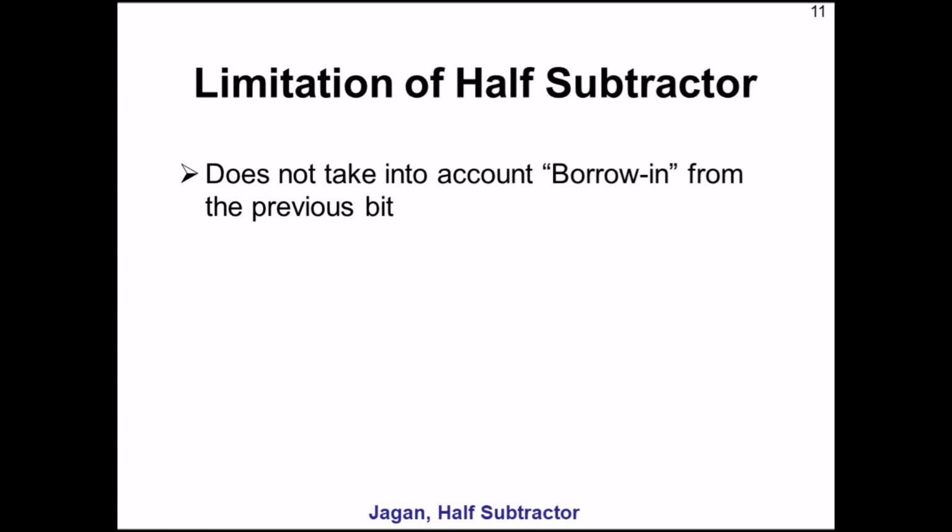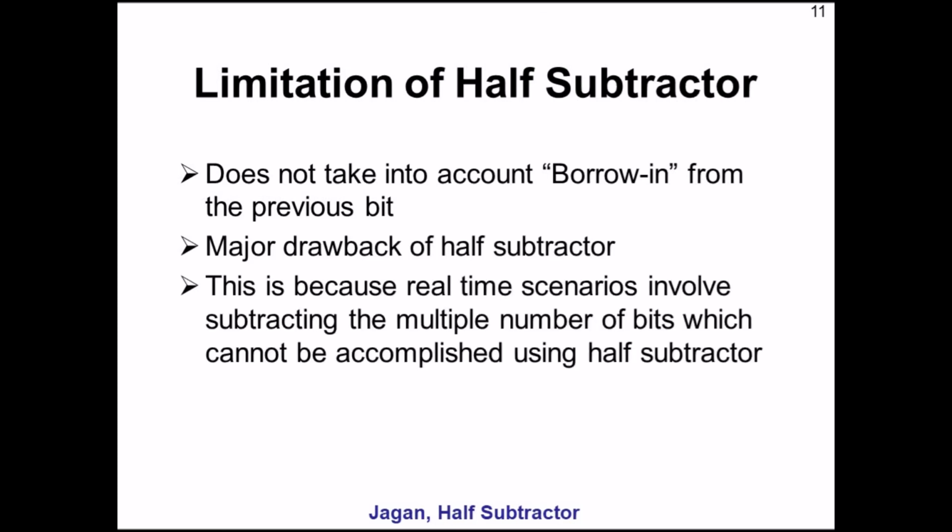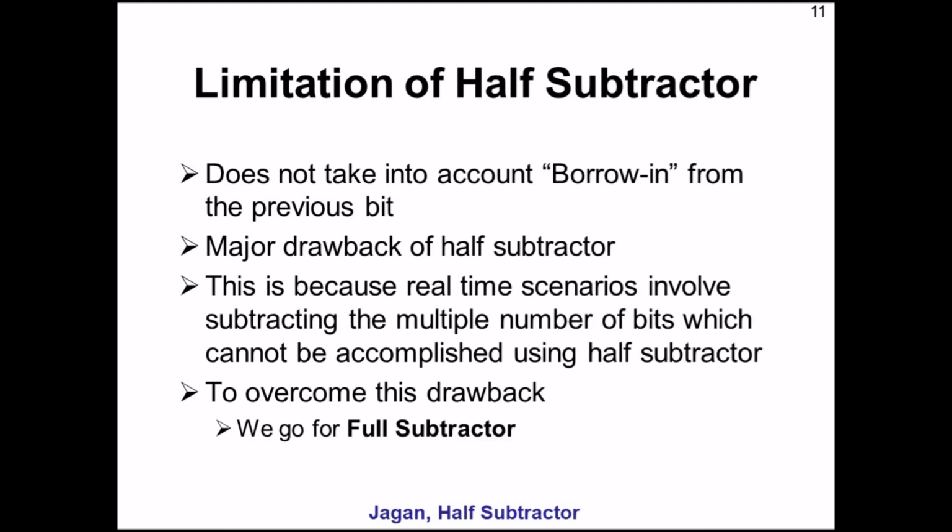It doesn't take into account borrowing from the previous bit. As usual, in real-time scenarios, we need to subtract multiple bits. That cannot be accomplished using the half subtractor. The logic is very simple. If we are not able to achieve it with the half subtractor, obviously we have to go with the full subtractor.